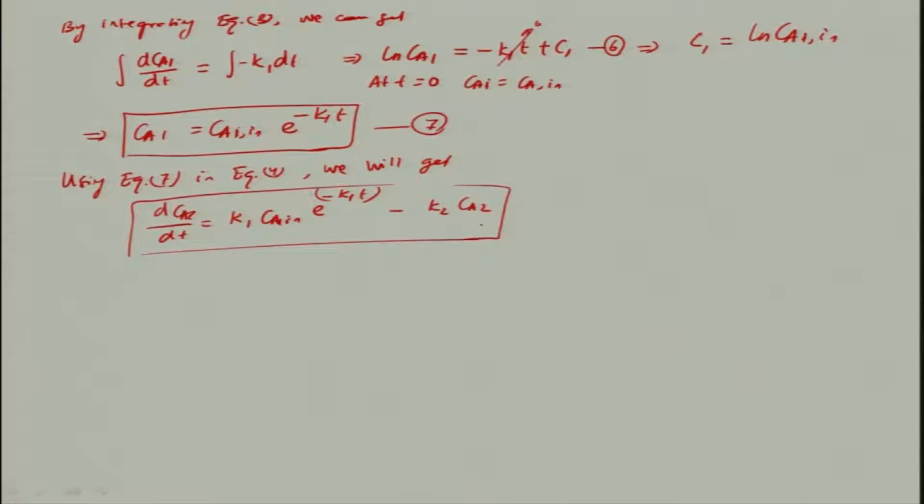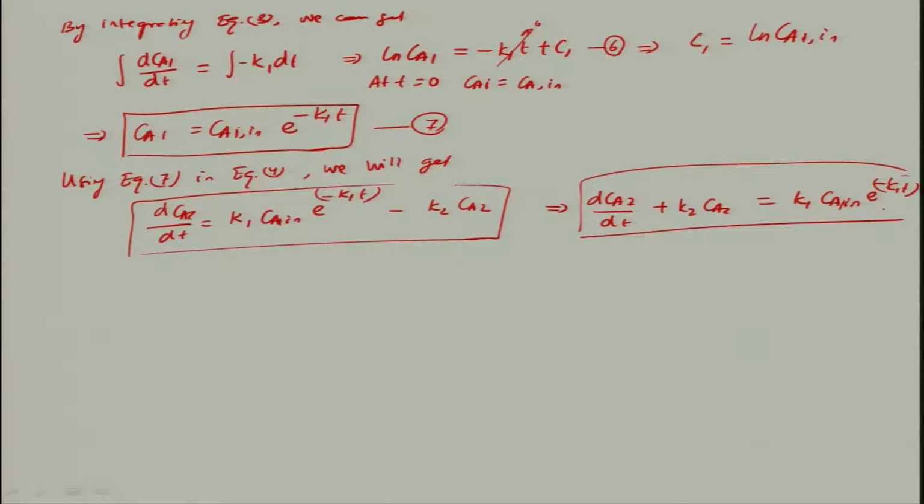If you look at this equation, which form is it? This is an ordinary differential equation of first order, and which form is this? Are you not getting it? Okay, let me write it down here, you will catch it very easily: dCA2 by dt plus K2 CA2 is equal to K1 CA1 in e to the power minus K1 T. This is which form?